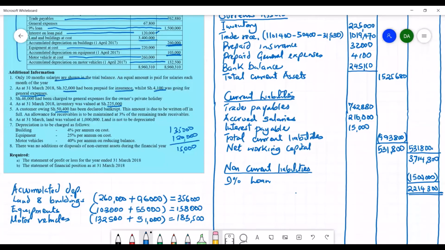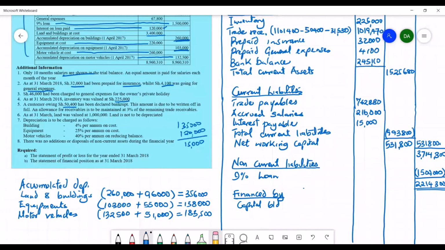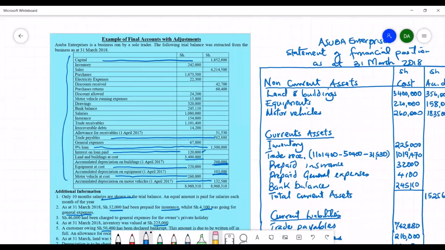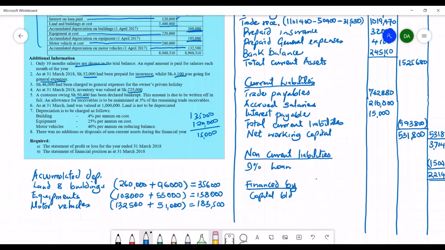Then we say financed by capital brought down. And the capital brought down in this particular example, that is capital at the beginning of the period, is equal to 1,852,800.